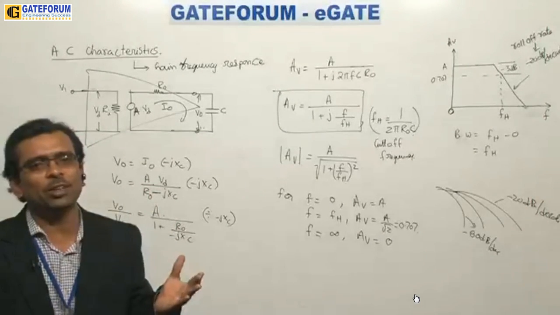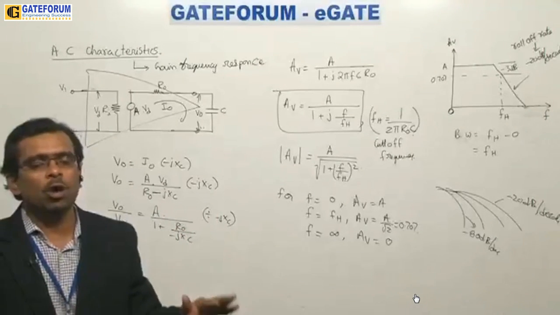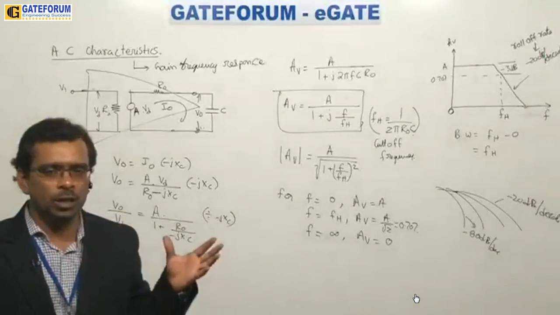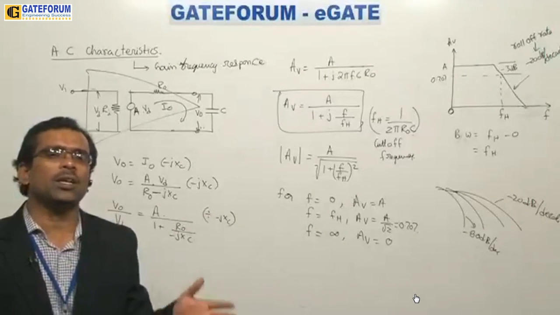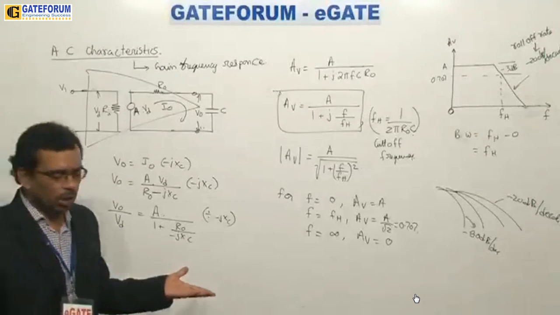But if you cross FH, the gain of the op-amp is going to fall down. It will mention what is FH, that cutoff frequency, whether it is 100 kilohertz, 150 kilohertz, 1000 kilohertz. Within this range it is excellent. But if you cross the range, then the gain will fall down.